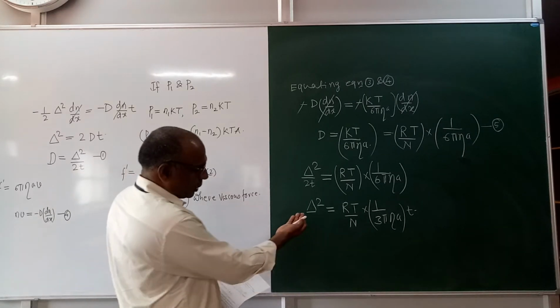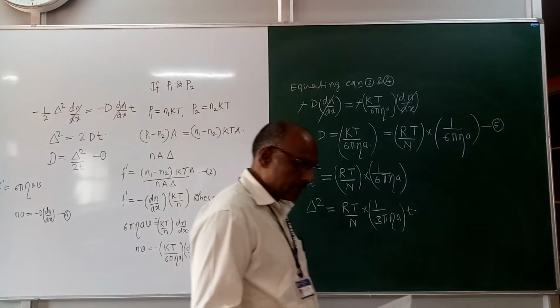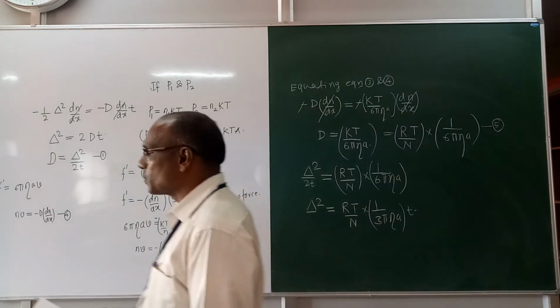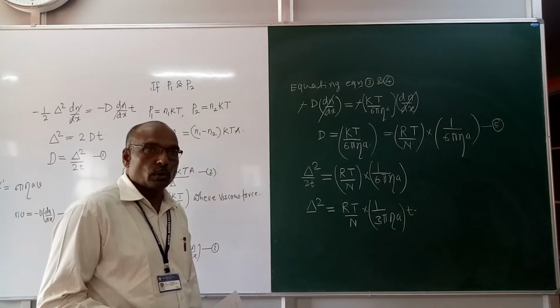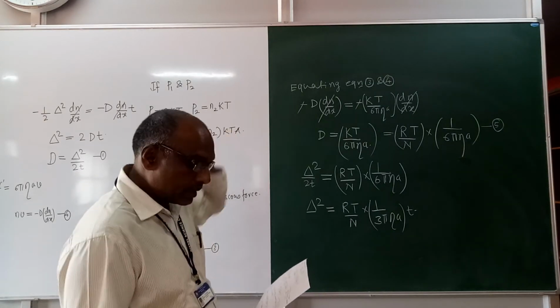Now, this is for what is called del square, the mean square displacement of the Brownian particle, and that's what is mentioned in our syllabus. There is an expression for the mean square displacement, del square.